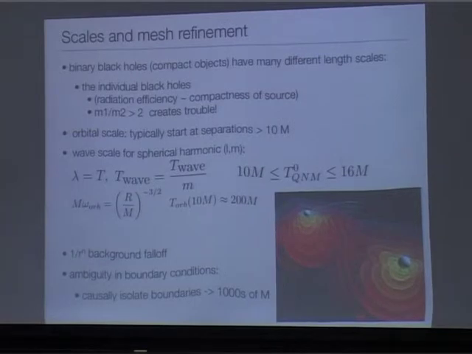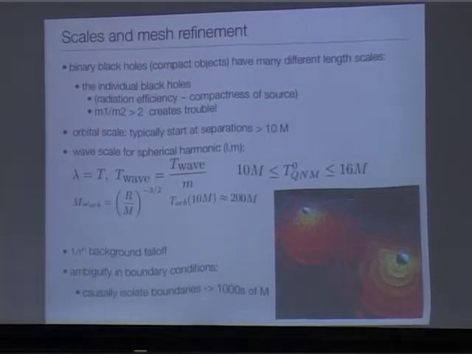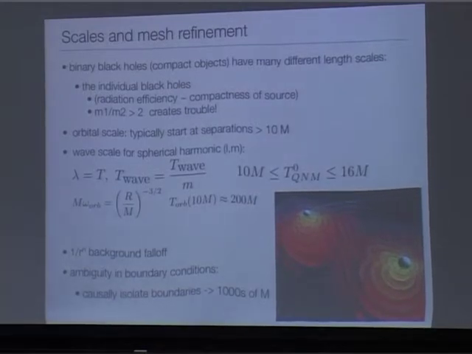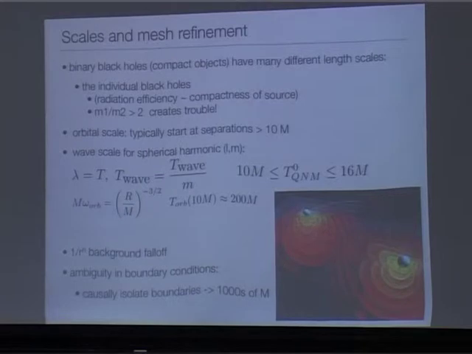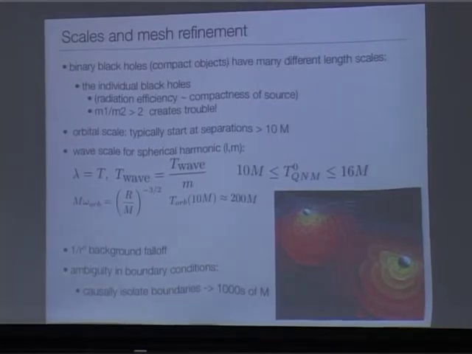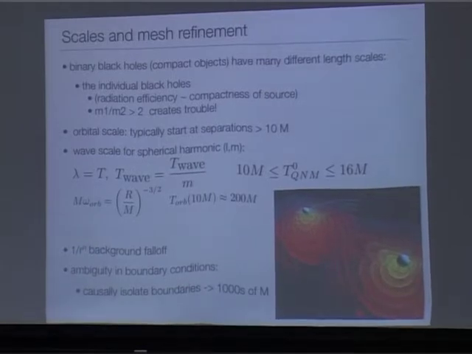But now we have to think about what's the physics that we want to deal with here. In general, we will have some compact objects, maybe a single one, maybe a supernova, or maybe 2 compact objects like binary black holes or binary neutron stars, something like this. These objects usually have very different length scales.